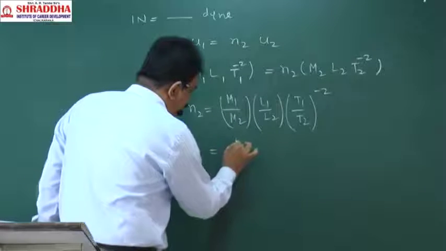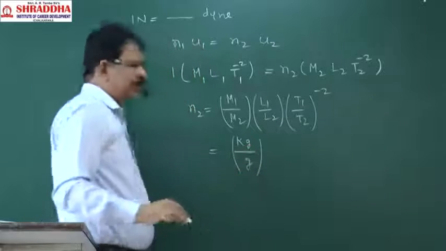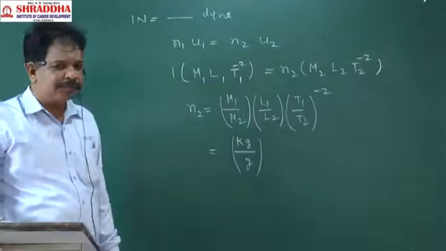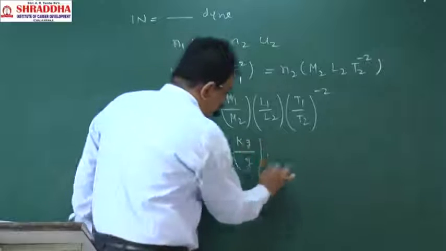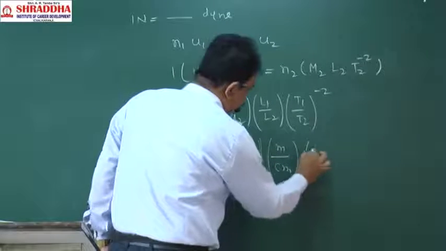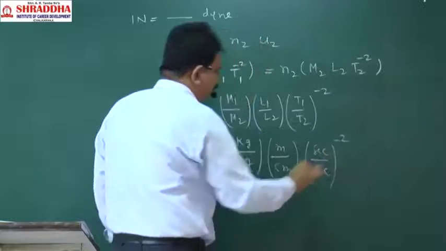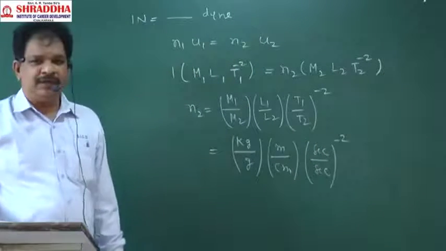So the unit of mass here will be kg, and the unit of mass in the CGS system will be gram. The unit of length here will be meter, here it will be centimeter. In these two, the unit of time will be second only.